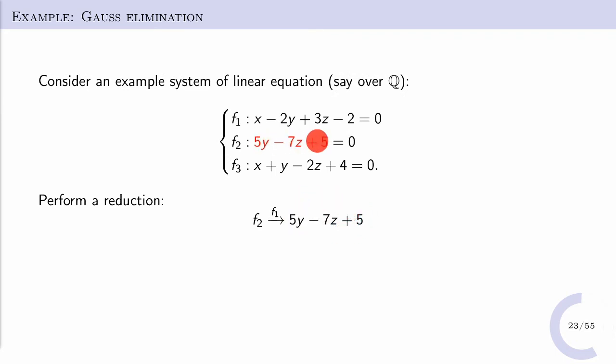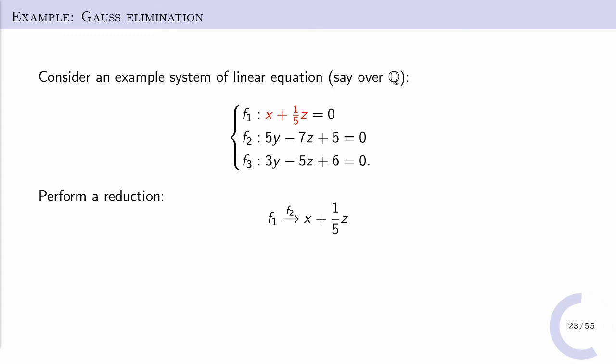So f2 reduces to this polynomial modulo f1. In the same way, we can reduce f3. So if we reduce f3, we'll have this. So we get rid of x. Now the leading monomial of f2 is y, and the leading term is 5y. So we can reduce f1 and f3 modulo f2.